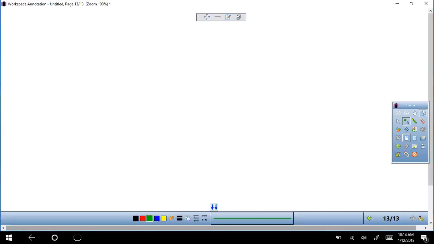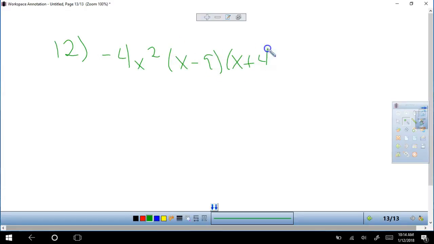12. Find your zeros and multiplicities of each. So I have negative 4x squared times x minus 9 times x plus 4 to the third. So this one, my 0 is 0 with a multiplicity, that means the power it's being taken to, of 2.